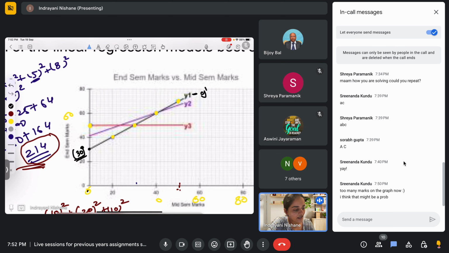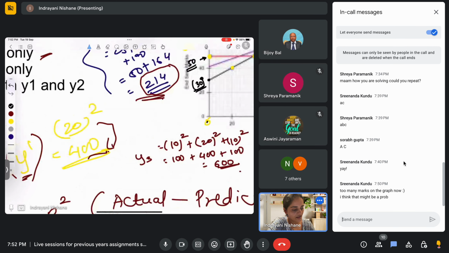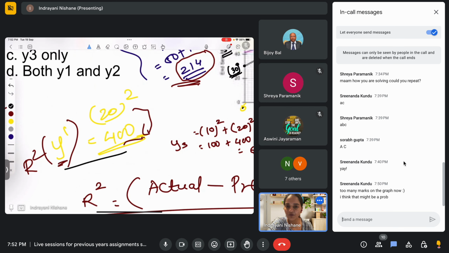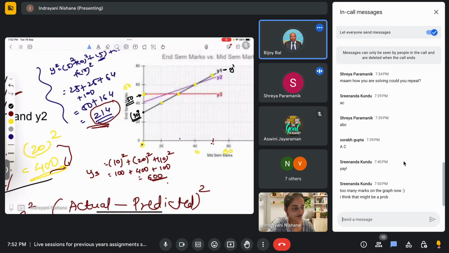But that student's actual data point is over here at 50. So what is the difference between actual and predicted? 20. So what will be the R square value? For y1 it is 400. So the R square value for y1 came out as 400.